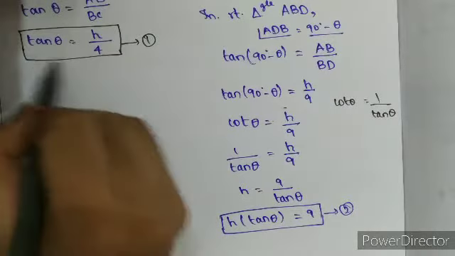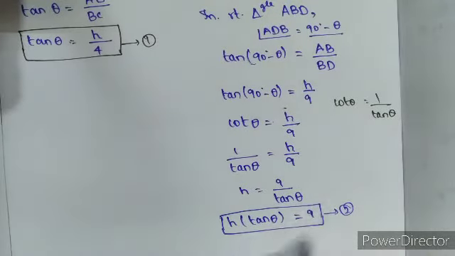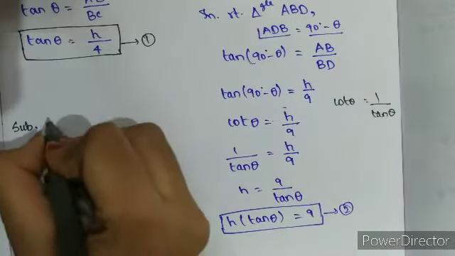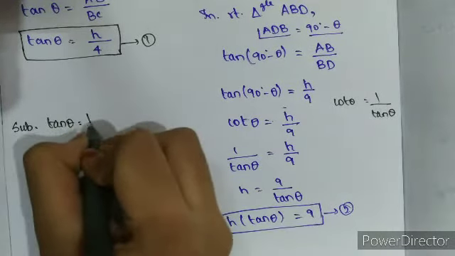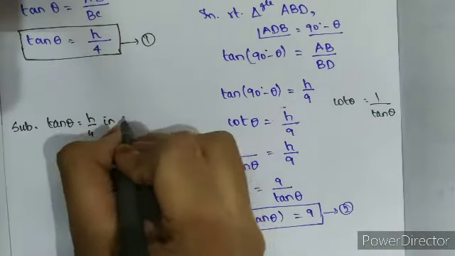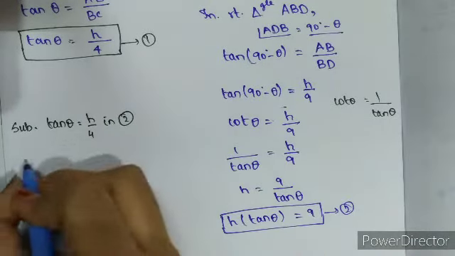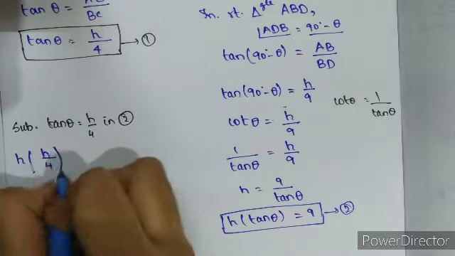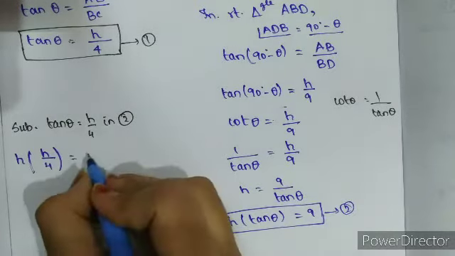Now, I am just going to substitute this tan theta value in our second equation. So, substituting tan theta is equal to h by 4, we get h into h by 4 is equal to 9.